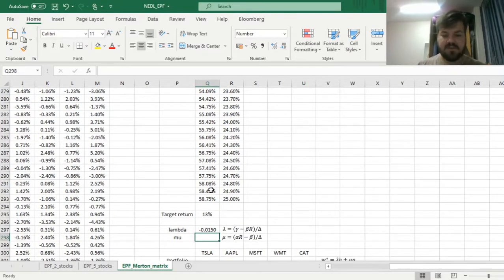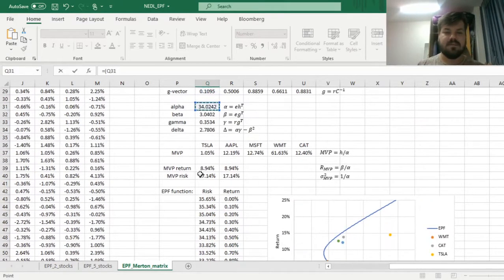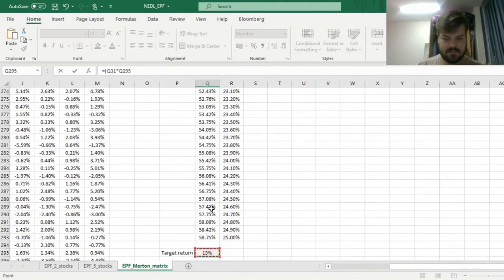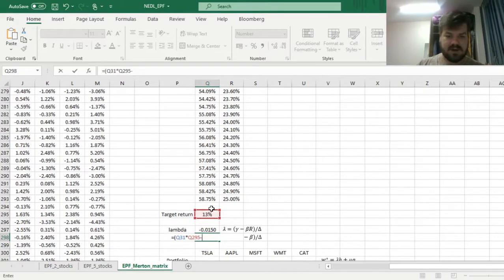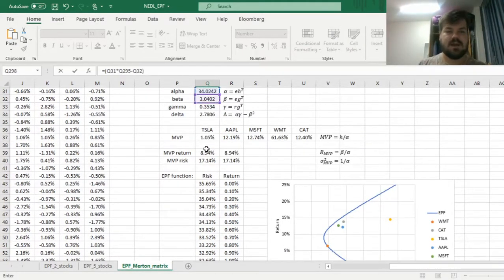And mu is alpha times the target return minus beta, and all of that divided by delta once again.